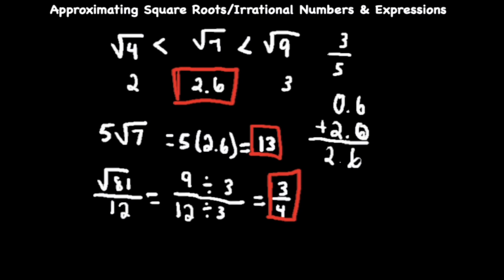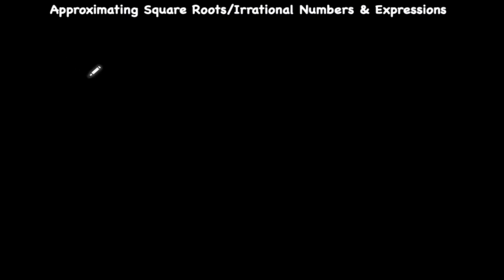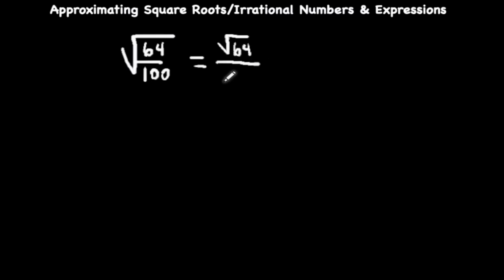All right, let's go over another example. Let's say that you're given the square root of 64 divided by 100. You can simply look at this as taking the square root of 64 in the numerator divided by the square root of 100 in the denominator.